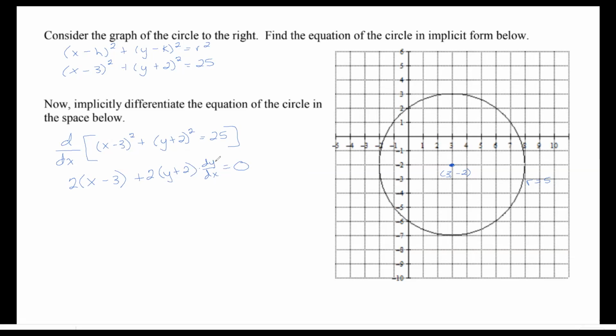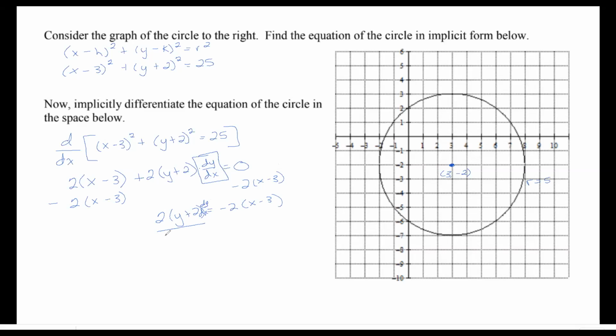And now in order to find the derivative, now that I have an equation, I need to actually solve for dy dx. So I'm going to subtract this whole expression over to the other side, because I can keep things grouped quite nicely here. So I'm left with 2 times y plus 2 times dy dx equal to negative 2 times x subtract 3. Oops, I dropped the dy dx.